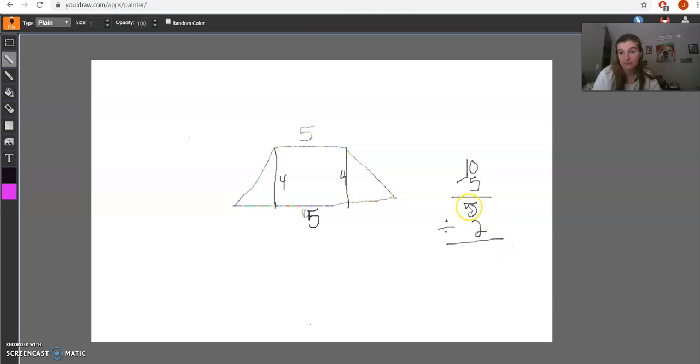And 5 cut into 2, think about like 50 cents cut in half. It's going to be 25 cents or 2.5. So I know this side is going to be 2.5 and this side is going to be 2.5. Notice that I don't care about the diagonals. I really don't. So who cares about this? Who cares about this? Doesn't help me.